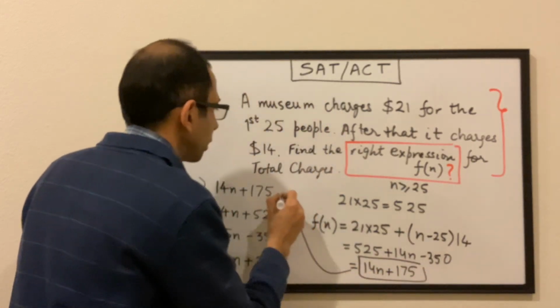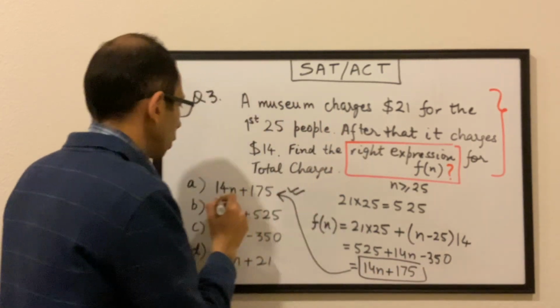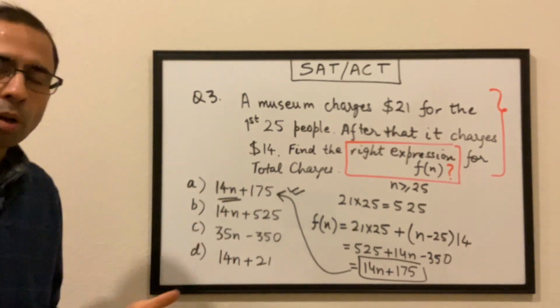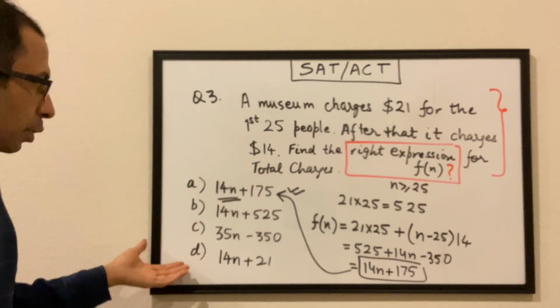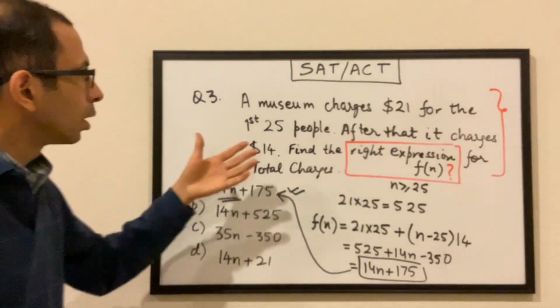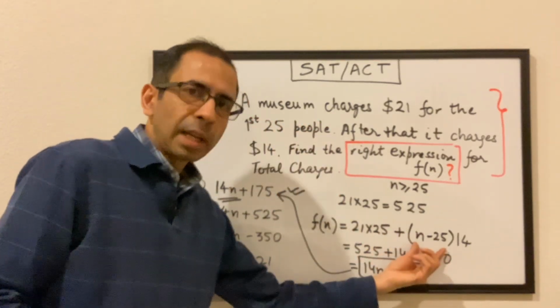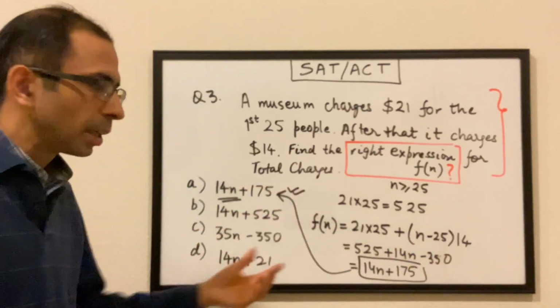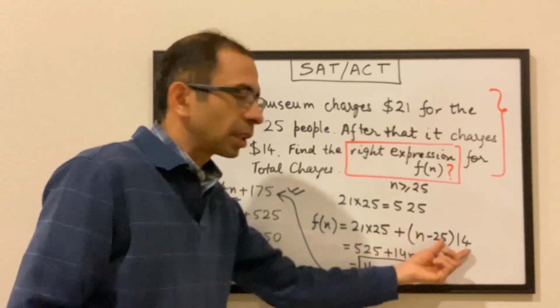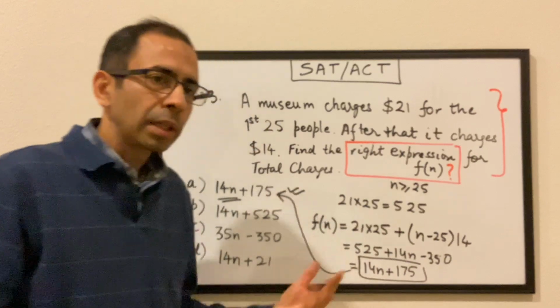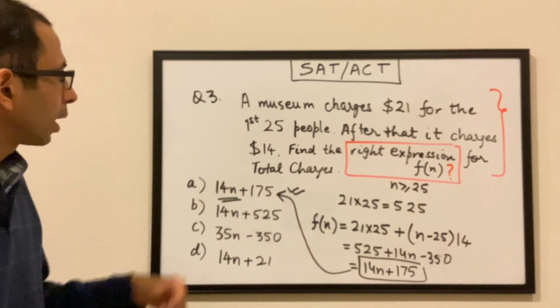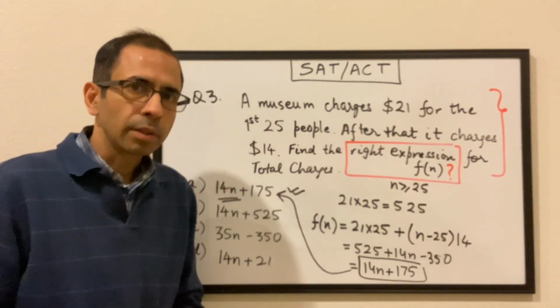So this is the expression of the total charges of n people entering into the museum. Again, pretty straightforward. 21 times 25 for the first 25 people, and the remaining would be n - 25 because 25 are already accounted for here, and their charges are $14 each, and then we expand and we get 14n + 175. So in this case, A is the right answer.